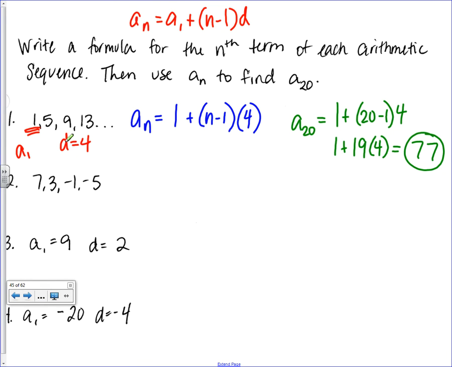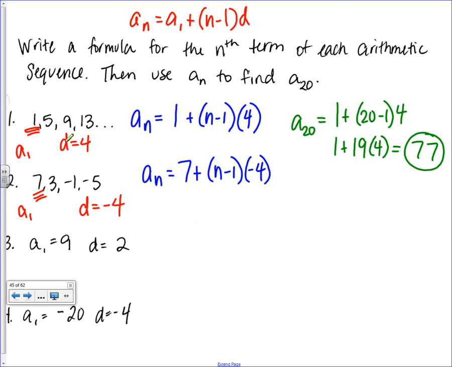If you look at number 2, my first term is 7. It looks like it goes down by 4 this time, so my common difference is negative 4. So the general formula is a sub n is equal to my first term plus n minus 1 times my common difference, which is negative 4.